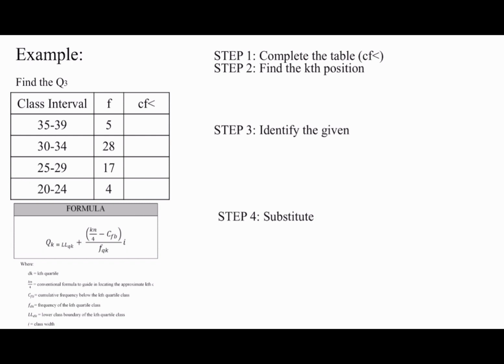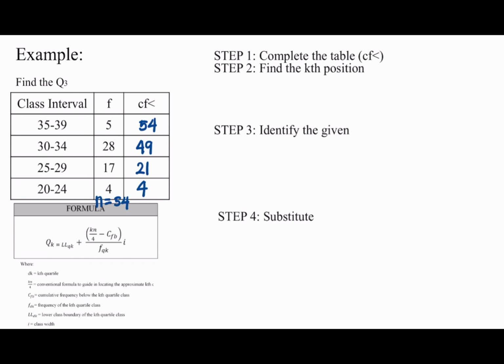That would give us 4 plus 17 is 21, plus 28 is 49, plus 5 is 54. Now, to look for the n, add them all: 5 plus 28 plus 17 plus 4 would give you 54. Now, we are done completing the table.